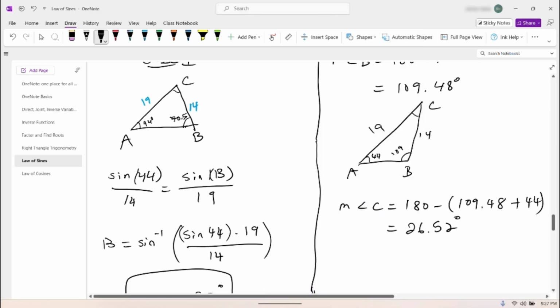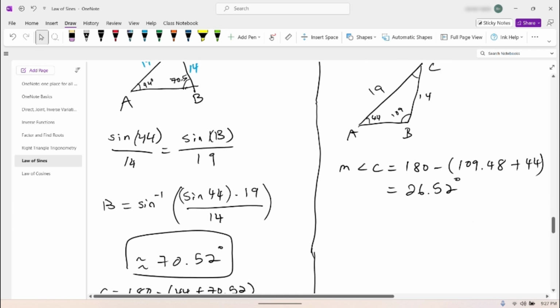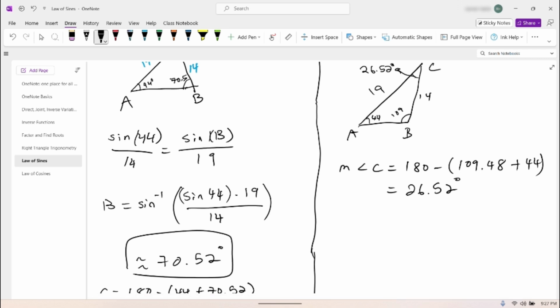Yeah. Okay, so that's C. This angle here is 26.52 degrees. So all we need to find now is this side C here, and we're done, because we've solved for everything else basically.